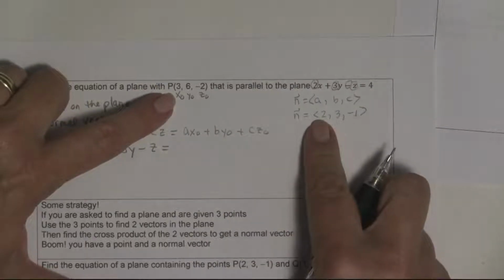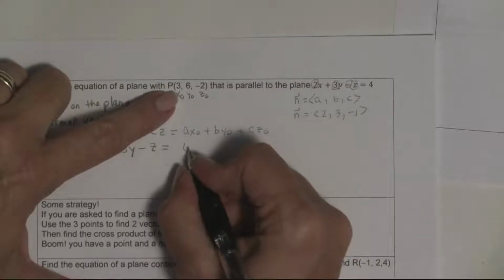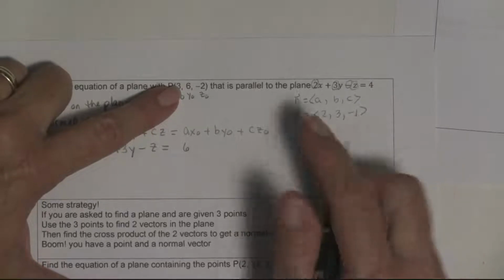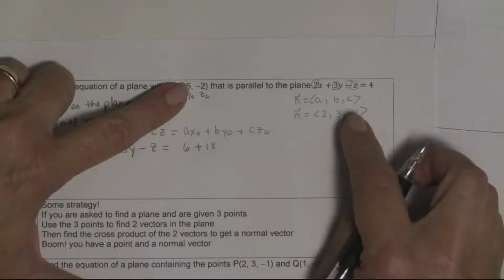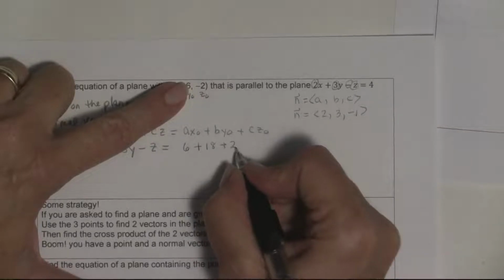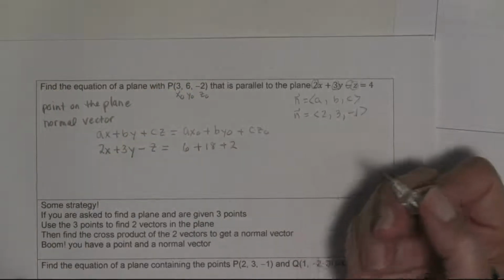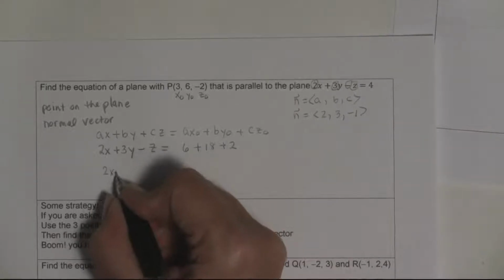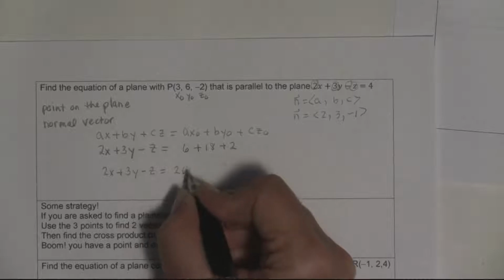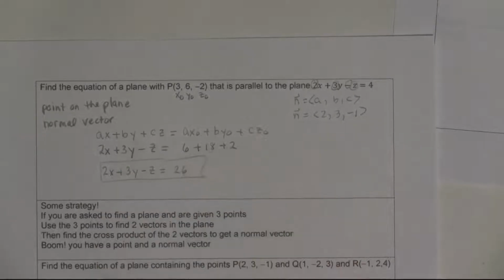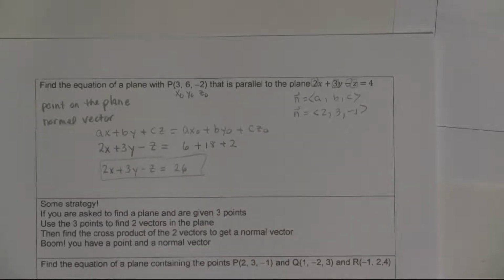I'm going to be getting 6 here, plus 18, plus 2. And so when the dust clears there, I get 26. So there's the equation of this plane. I'm like hot diggity dog, and it fit in there pretty nicely.